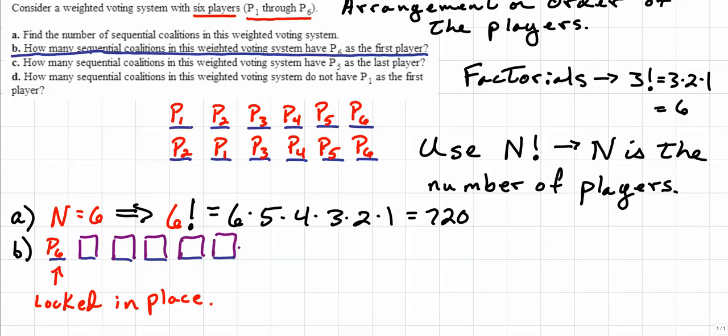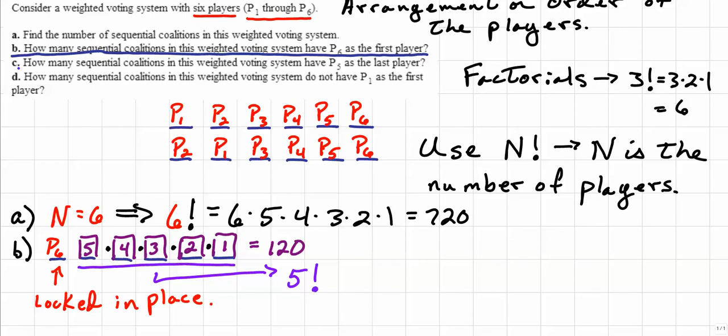But once you place somebody in a position here, you then have 4 left. So we can put 5 choices here, 4 choices here, 3 choices here, 2 choices here, and only 1 choice there. If we multiply these values out, 5 times 4 times 3 times 2 times 1, that will be equal to 120. Notice this represents 5 factorial.